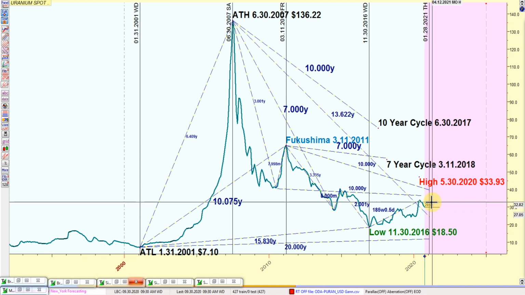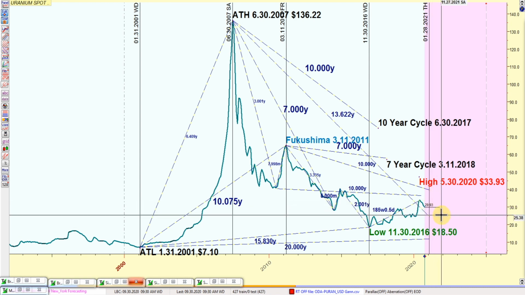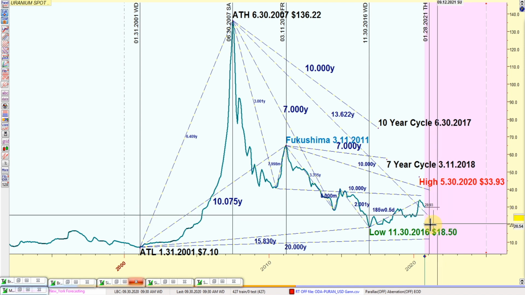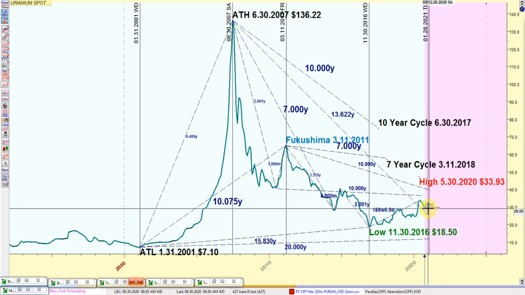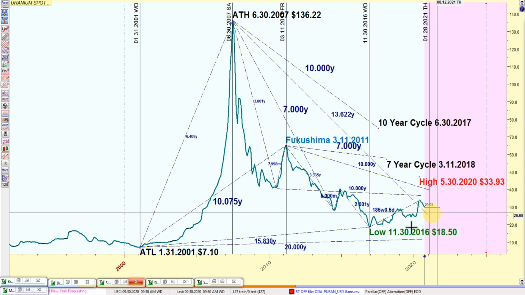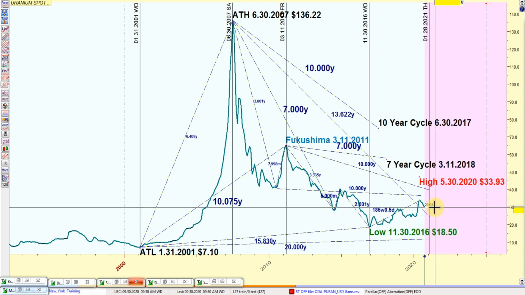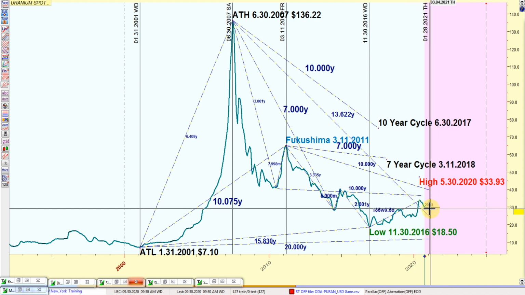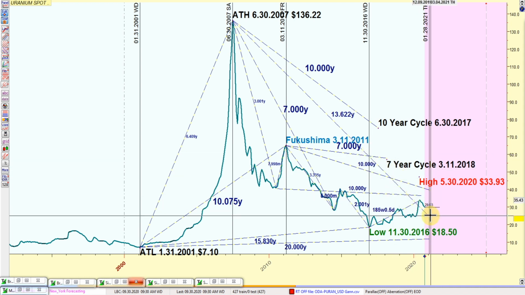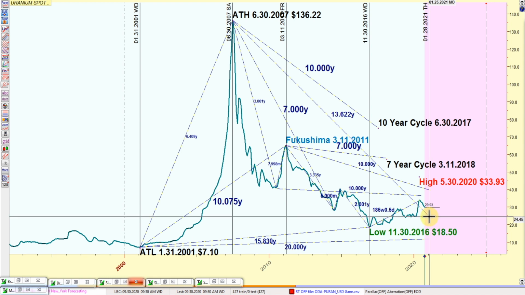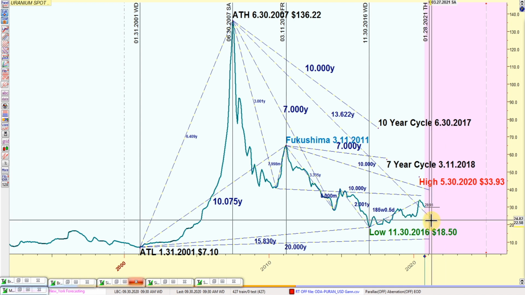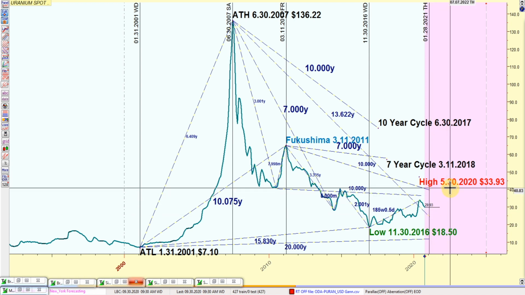So what is this telling me as a uranium spot price researcher using Gann's theory? Not really concerned about volume, not really concerned of what's going on with this price, if they're manipulating it or not. The fact of the matter is that if Gann's theory works in this chart, we're going to see once we approach 2021 what's going to happen if we start seeing price action explode for whatever reason.